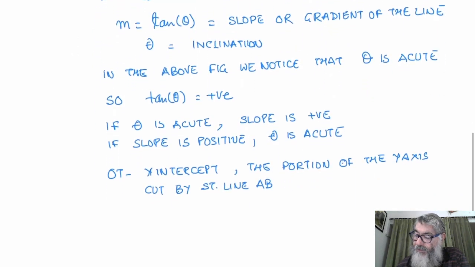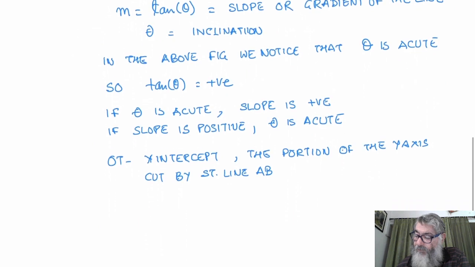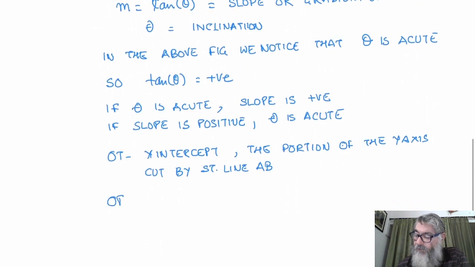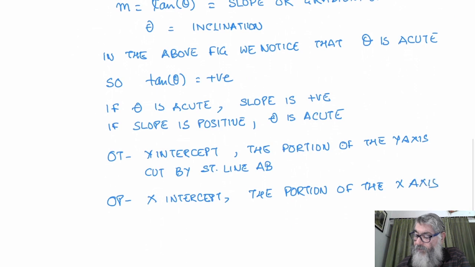And the other thing is OP. OP is the x-intercept, the portion of the x-axis cut by the straight line AB.